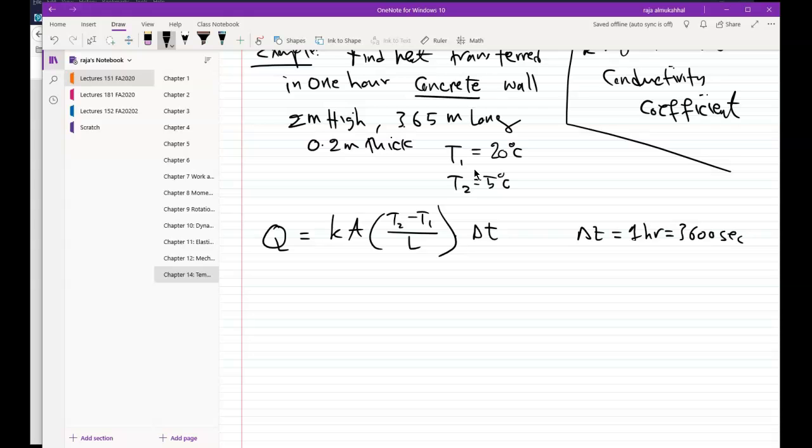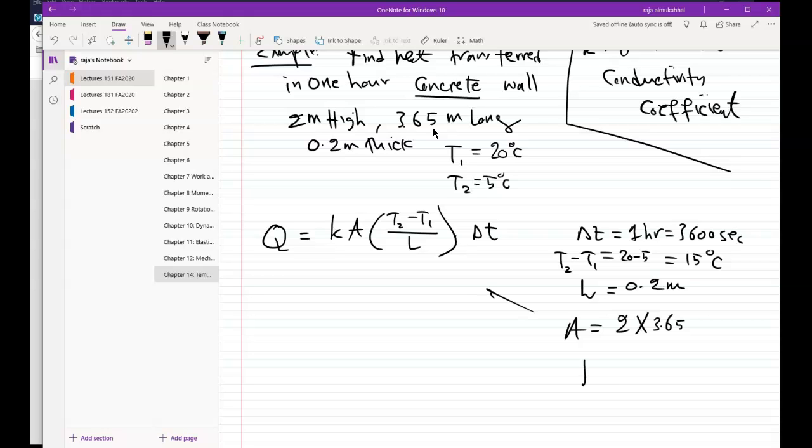T2 minus T1 is 20 minus 5, which is 15 degrees, subtracting so that it is positive. The thickness is 0.2 meters, and the area is 2 by 3.65. Then you just plug in everything.